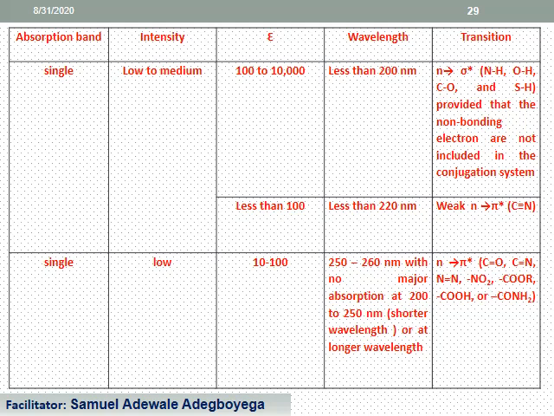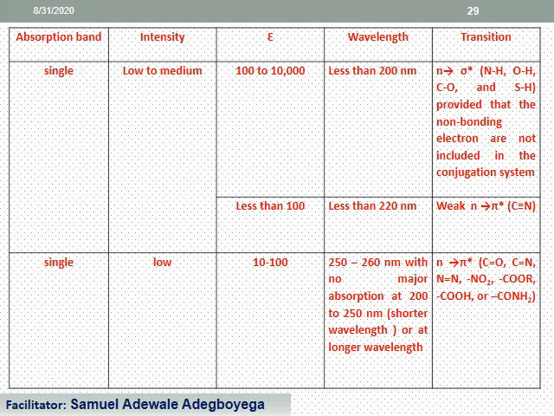In our previous studies, I hope you remember that we talked about that. So the nature of transition that we could have here could be non-bonding to sigma star transition, and you could have that from the amines, nitrogen being bonded to hydrogen, hydroxy group, the carbon monoxide, as well as maybe from thiols, provided that the non-bonding electrons are not included in a conjugated system.